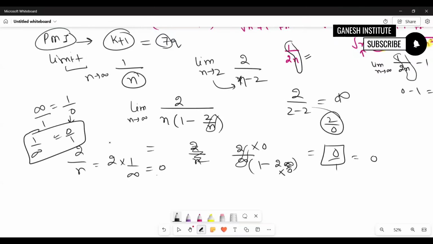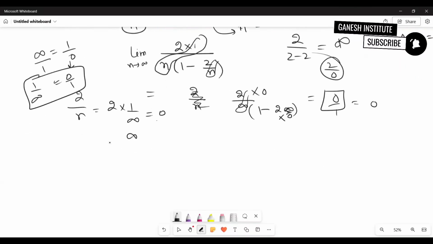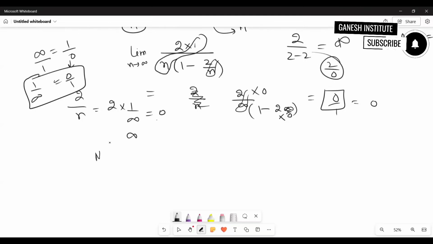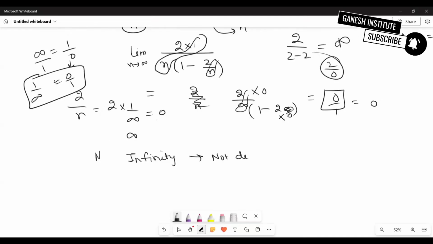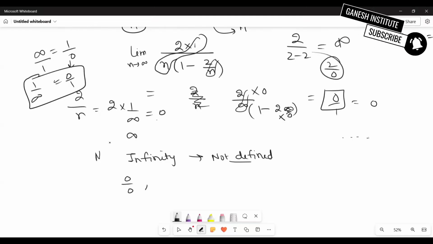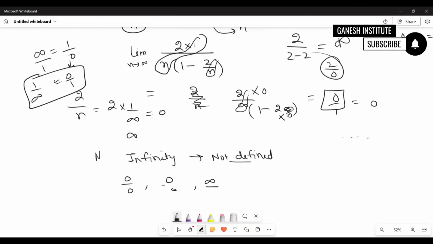Wait, you have made infinity by 1 is 1 by 0? How? If you have an answer infinity, we call it not defined form. Infinity is something which is going on, and one of the infinite things is like 0 by 0, 0 by infinity, infinity by 0.